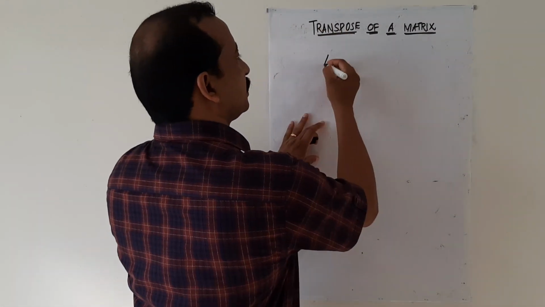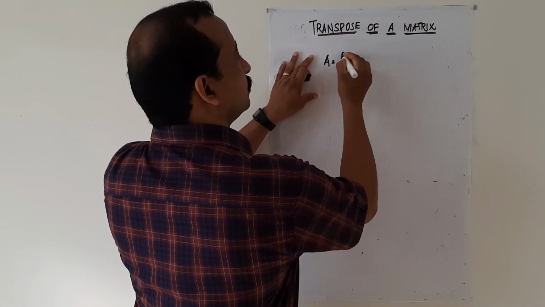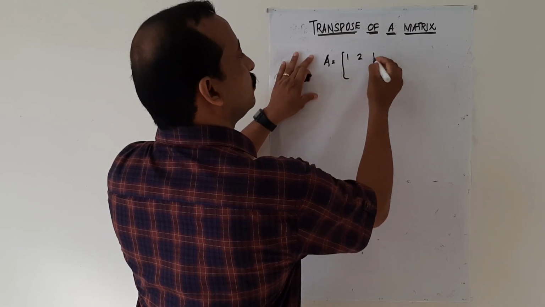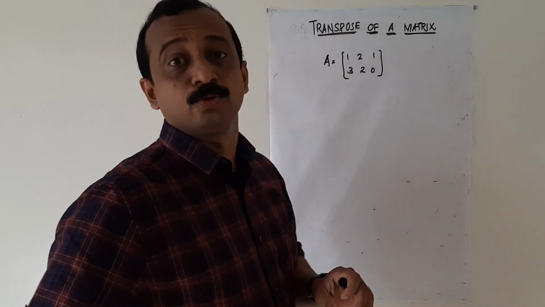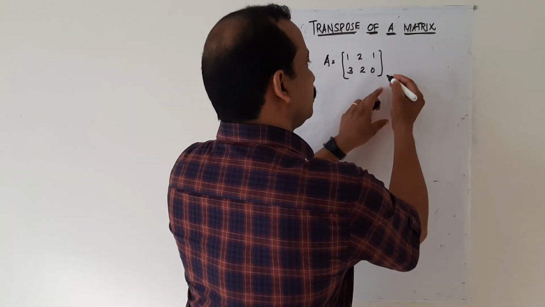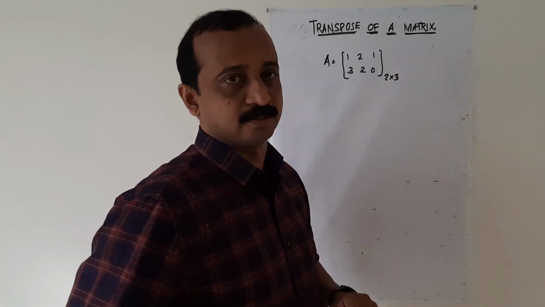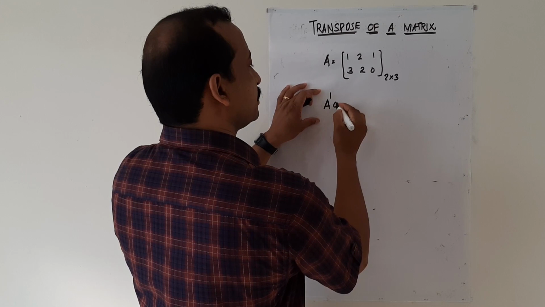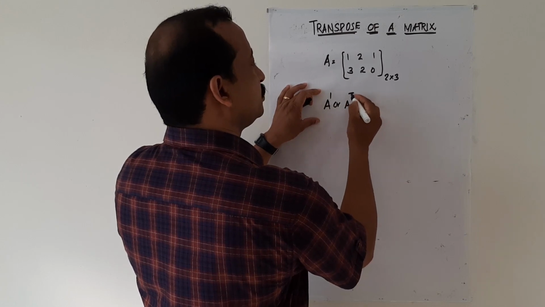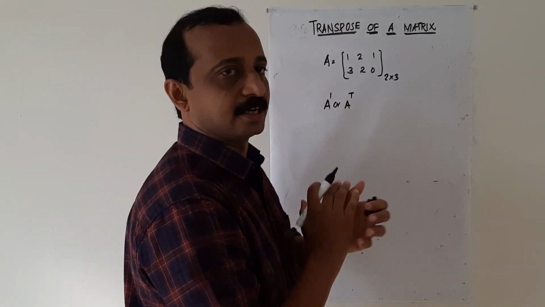Suppose I take a matrix A equal to [1, 2, 1; 3, 2, 0]. It's a 2 by 3 order matrix. Its transpose is denoted by A dash or A raised to T. That is the simple way of representing the transpose of a matrix.